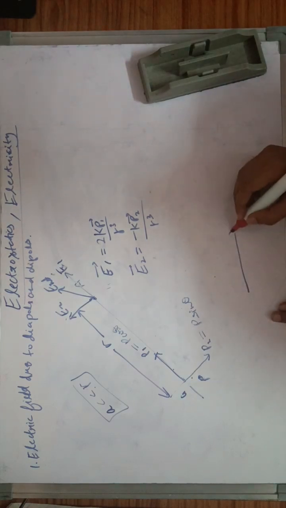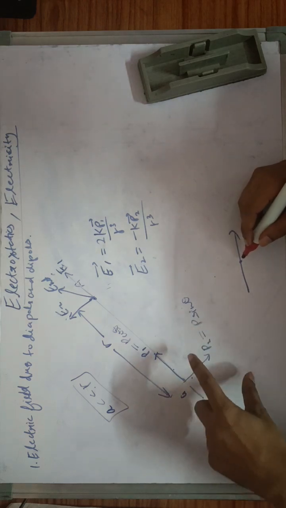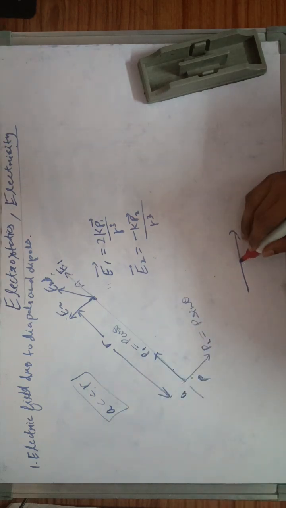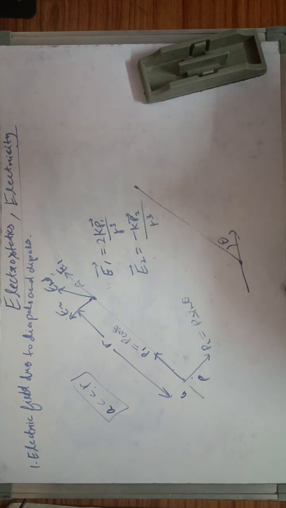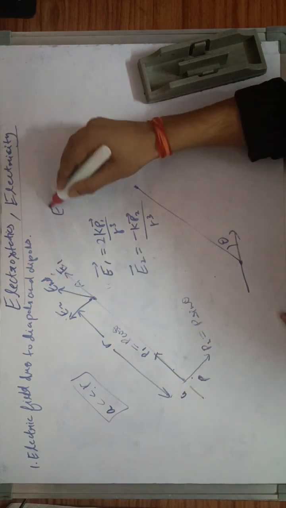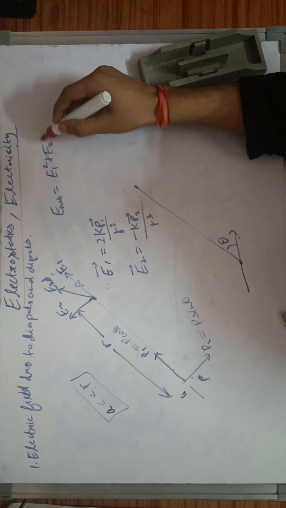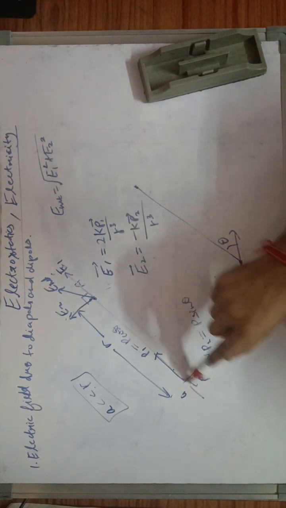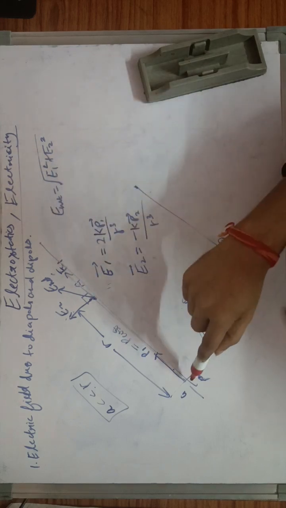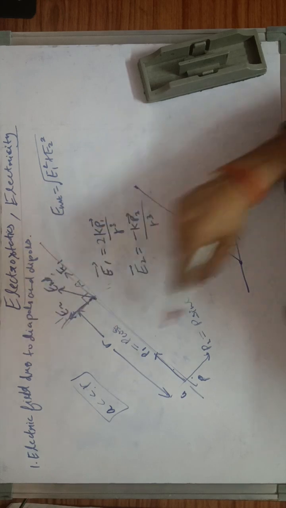So now, using this concept of breaking the vector into two components, I can tell the electric field due to this dipole moment at any point which is at an angle theta, and this magnitude can be simply calculated as E net magnitude is equal to the square root of E1 square plus E2 square, because E2 and E1 are perpendicular. This field is acting along this line, and this electric field E2 is acting perpendicular to this line.